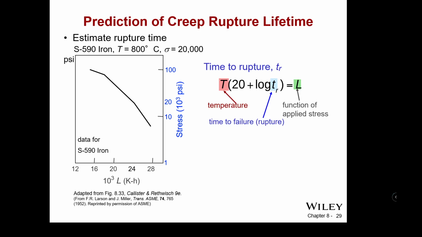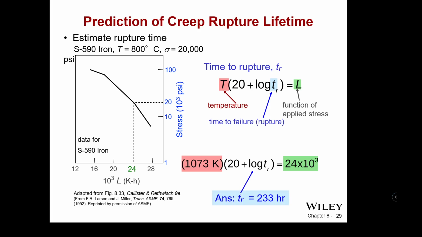The temperature times 20 plus the log of time to failure is a function of the applied stress. So for their example here, at 1073 Kelvin, so 800 plus the 273 to convert it to Kelvin, 1073 Kelvin times 20 plus the log of the time for rupture is equal to 24 times 10 to the third, because that's our units for the function of the applied stress there.